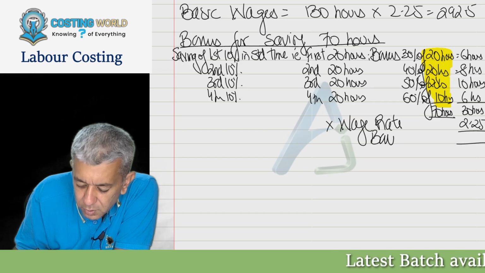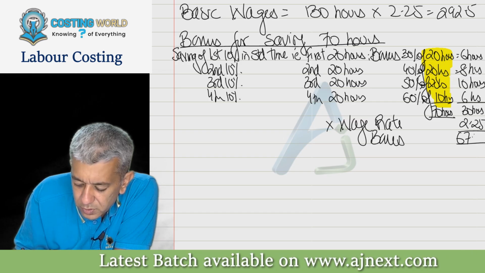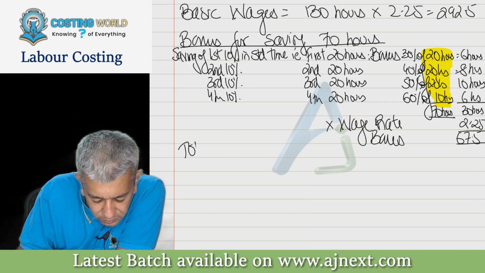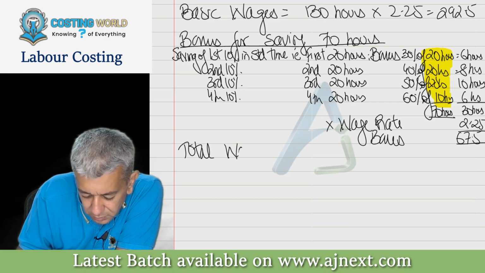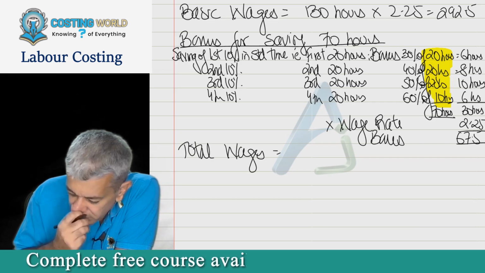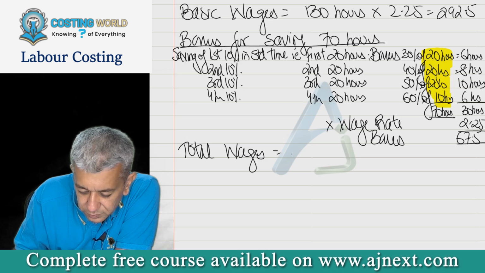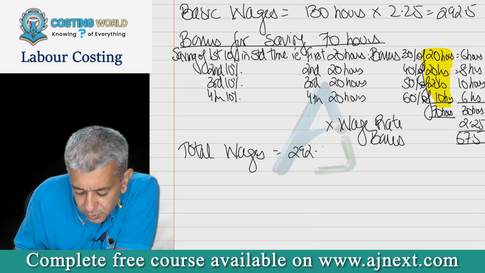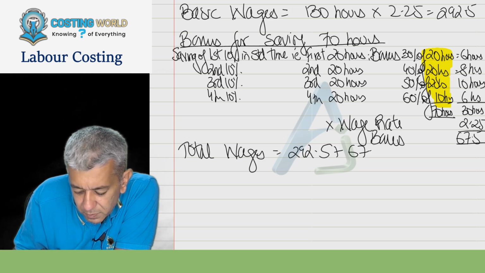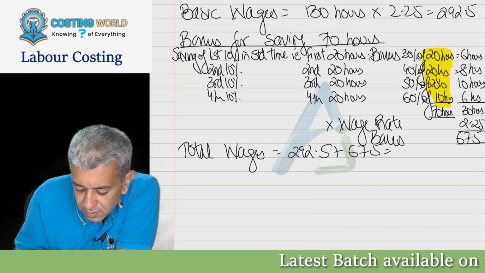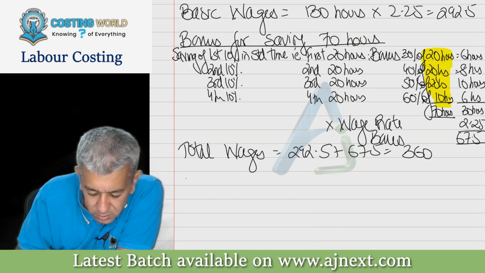So bonus is equal to 67.5. Total wages: 292.5 plus 67.5 is equal to 360.